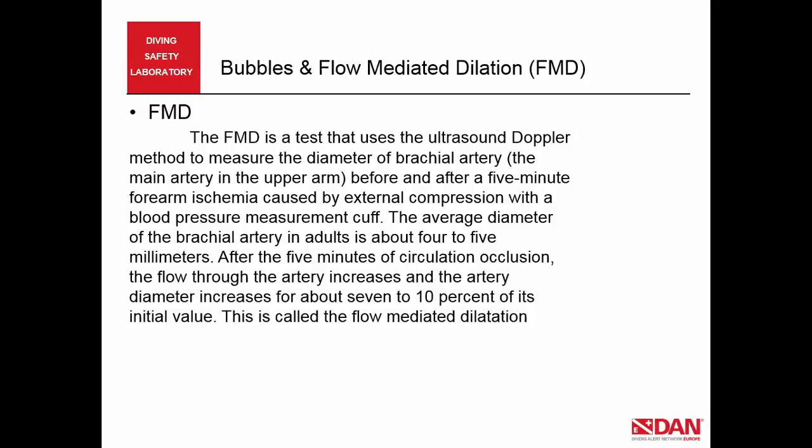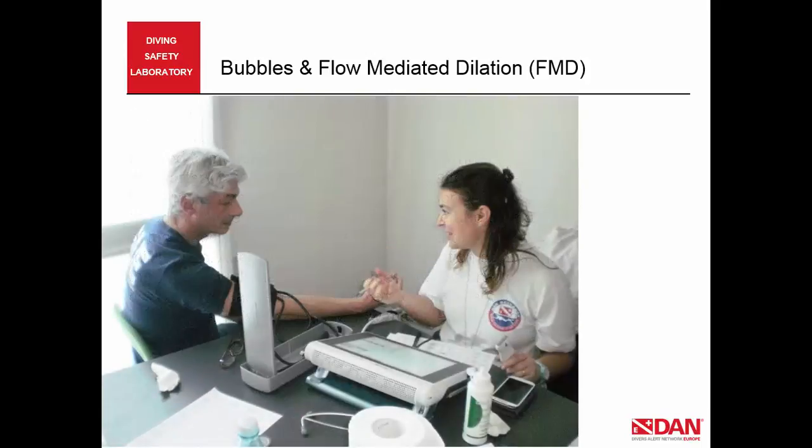The average diameter of the brachial artery is about 4 to 5 millimeters, and after the 5 minutes of occlusion, the flow through the artery increases, and the artery diameter increases to about 7 to 10% greater values. This is called flow-mediated dilation. So the response of blood vessels can be measured using this test, and it gives an indication of the responsiveness to various physiological signals, especially nitric oxide.